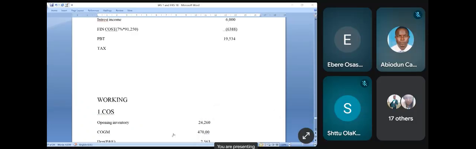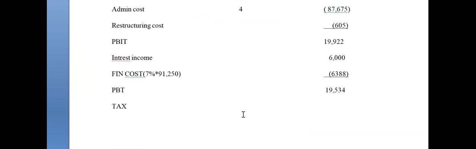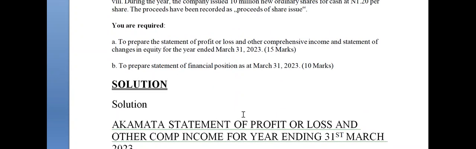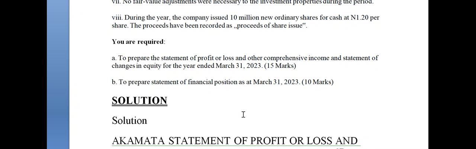So now, what is the tax for the year? Please note, let me state this so that we won't waste time here. Your tax for the year will always be in the additional information. Always. Very, very important. Now, what do we have in the additional information for tax?